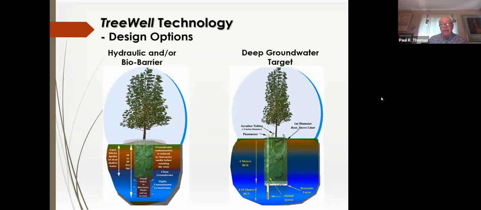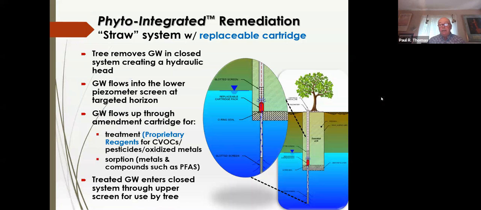In addition to the standard unit, which is the one on the left, which I just showed in the previous slide, we have another type of TreeWell unit, which I'm going to go to the next slide because you can see things a little bit better. We have a system that, instead of having an open bottom root sleeve liner, as was shown in the previous standard unit, has a sealed bottom liner.